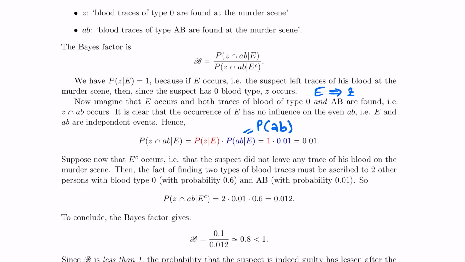Now we have to compute the denominator of the Bayes factor, that is, the conditional probability that Z intersected with AB occurs, given that the complementary of E occurs. The complementary event of E is that the suspect didn't leave any trace of his blood on the murder scene. In this situation, the fact of finding two types of blood traces must be ascribed to two other persons.